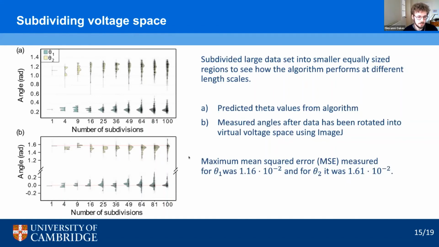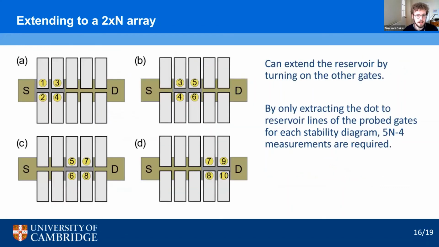And then what we did was rotate our basis set into virtual voltages, and then manually measure the gradients and see how far off we are from 0 and 90 degrees. Our maximum mean squared errors tend to be reasonably small, so we're quite happy, although I think there's still room for improvement.